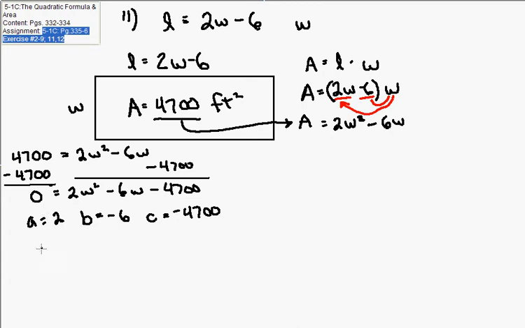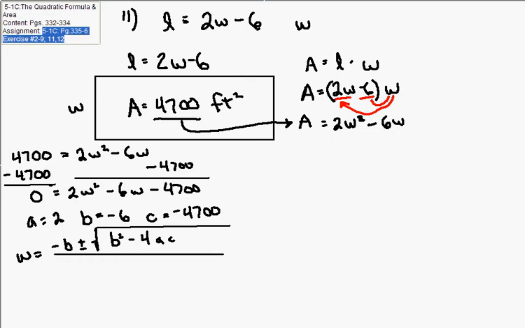Using the quadratic formula, in this case width is going to be equal to negative b plus or minus the square root of b squared minus 4 times a times c, all over 2a. Now we'll go ahead and substitute the values in for the variables. So we have w equals negative. Now that negative comes directly from the formula.